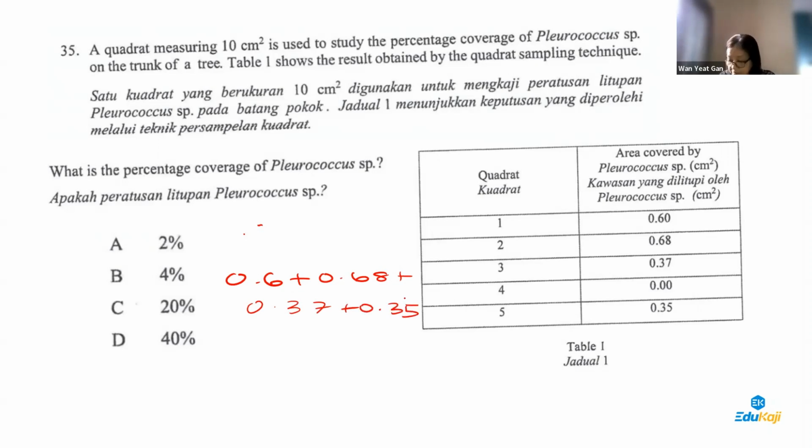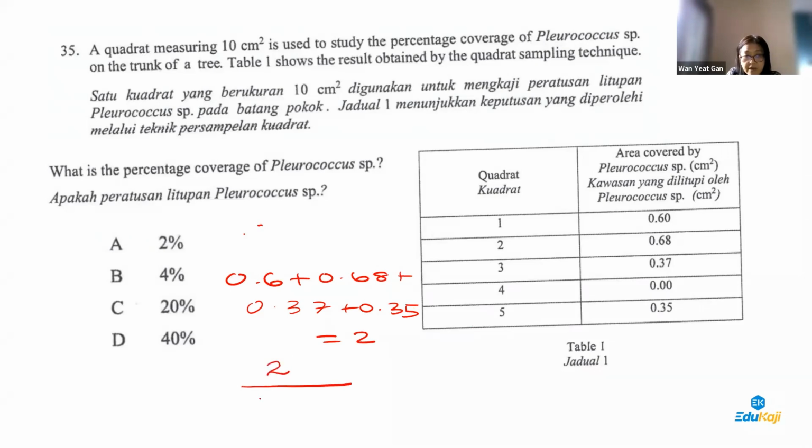Okay, so let's add that first. 0.6 plus 0.68 plus 0.35. Okay, so the total area covered is 2 for all the quadrants that are sampled.